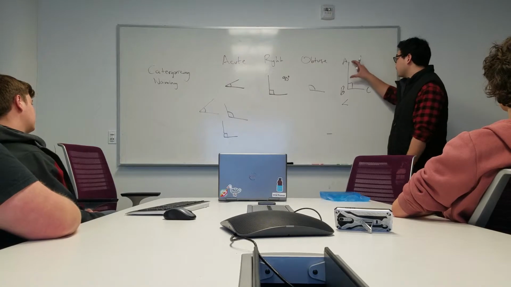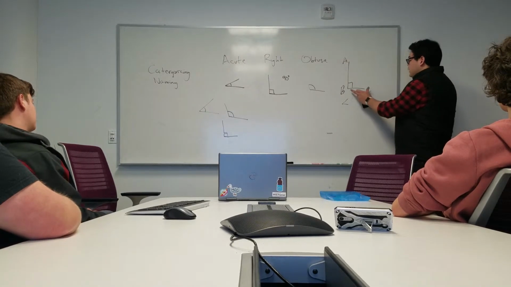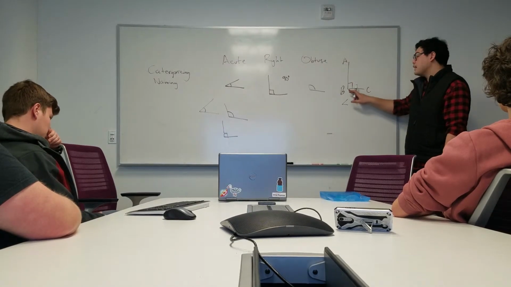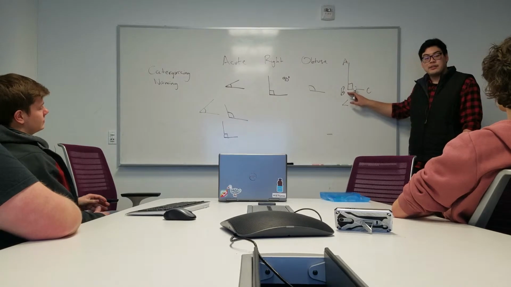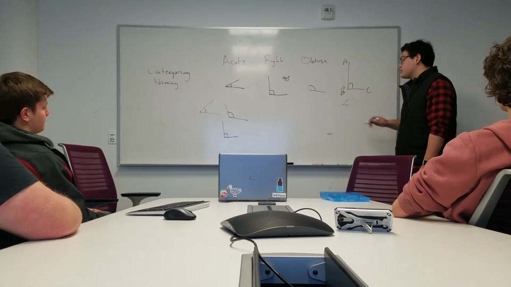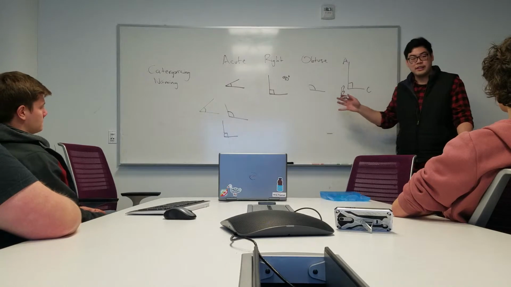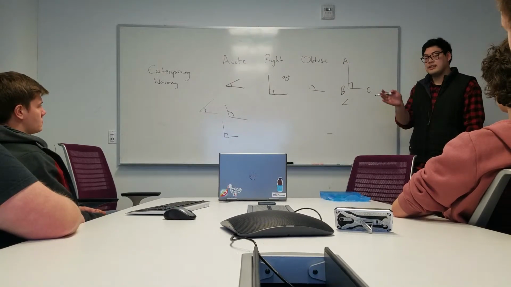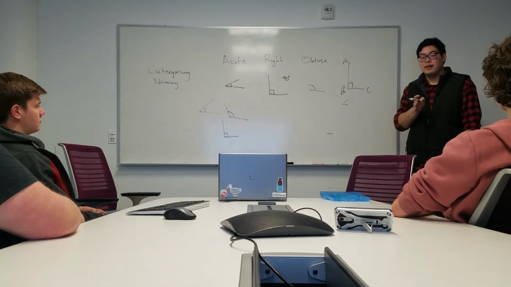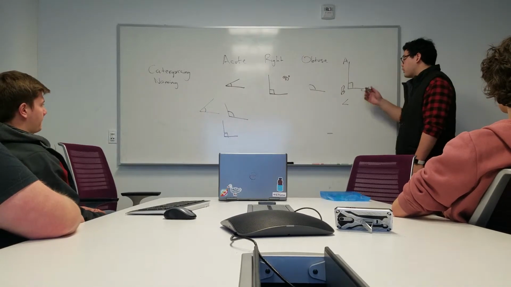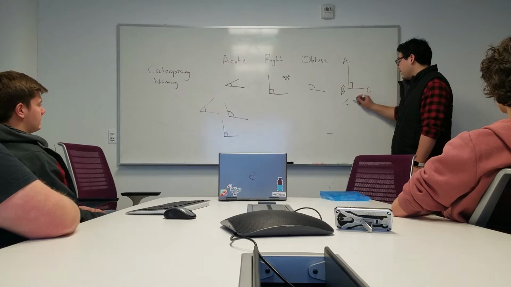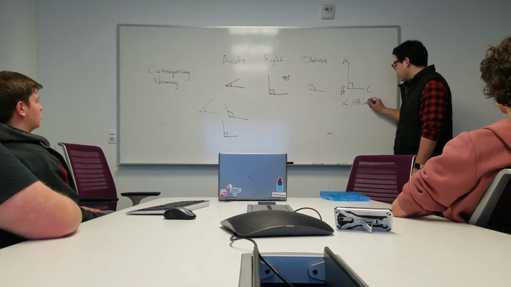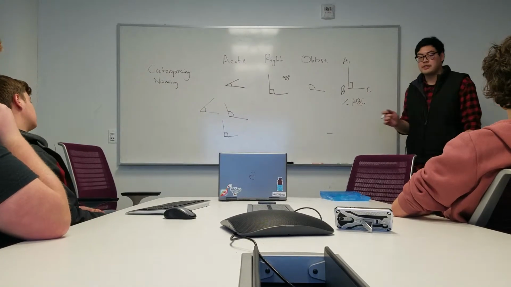In this case, it would be line AB and line CB. They meet at B, and B is where the vertex is located. The vertex position is going to be the same in every instance. So I would name this angle A, B, C, and B is in the middle because that's the vertex.